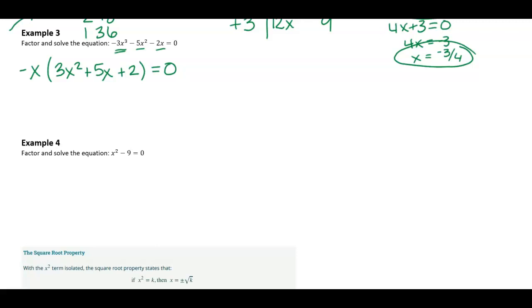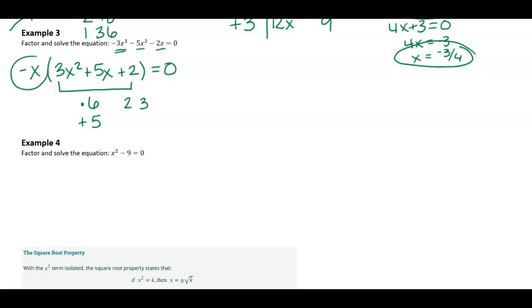All right, I now need to find 2 numbers that multiply to 6 and add to 5. Hopefully you can see that that's going to be the numbers 2 and 3.